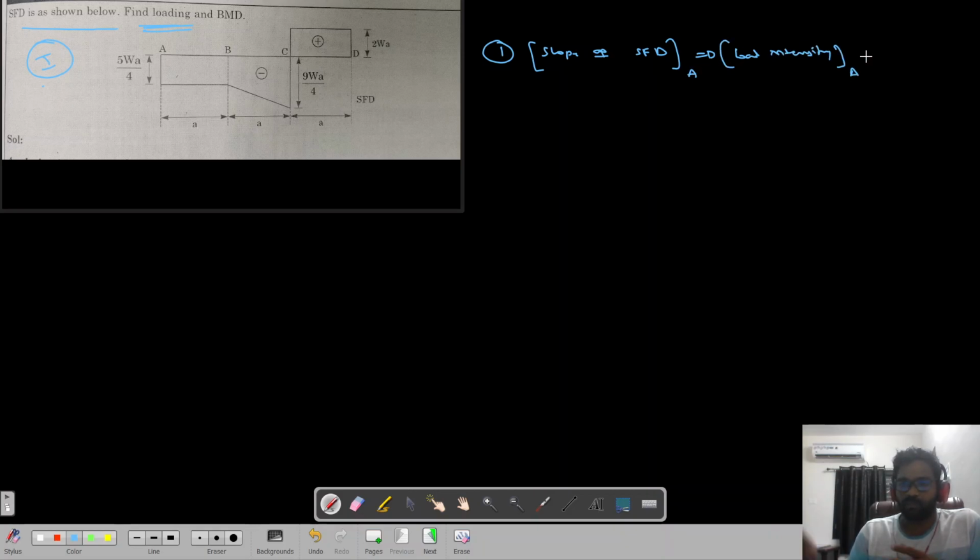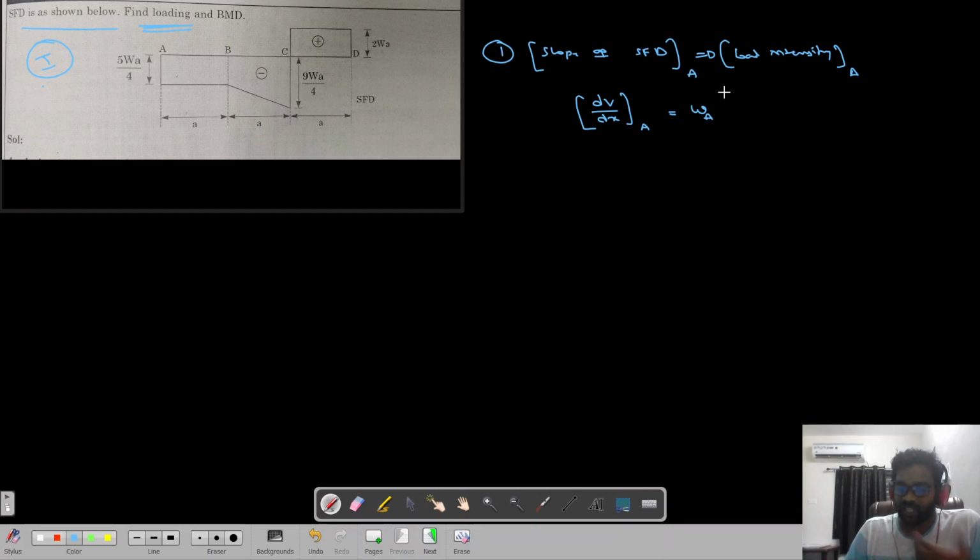For suppose at some point A, if we find the slope of the shear force diagram there, that will give you the load intensity acting in the beam at that point A. You can indicate it like this: dV by dx at point A is equal to the load intensity acting at that point A.